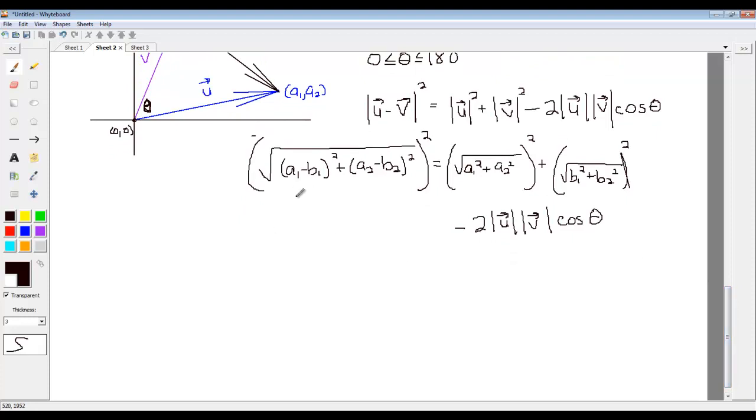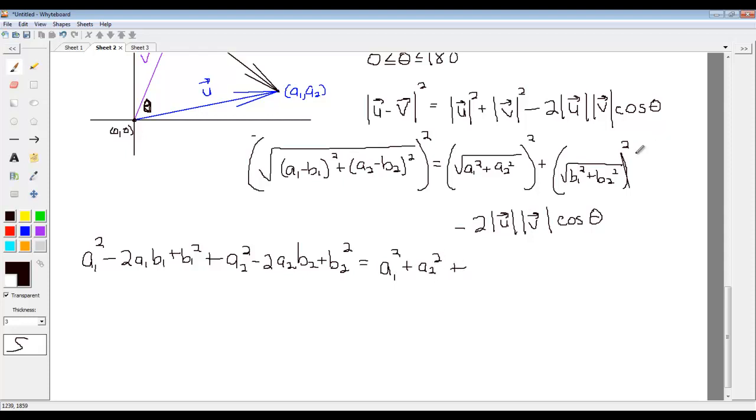Alright, so the square root and square cancel each other out, but a1 minus b1 squared, you FOIL that out. You're going to have a1 squared minus 2a1b1 plus b1 squared, plus, and then FOIL this out, a2 squared minus 2a2b2 plus b2 squared, equals a1 squared plus a2 squared plus b1 squared plus b2 squared, since the square root and square cancel each other out.